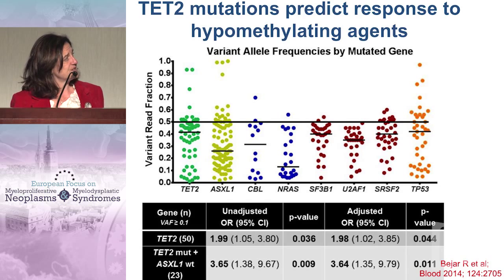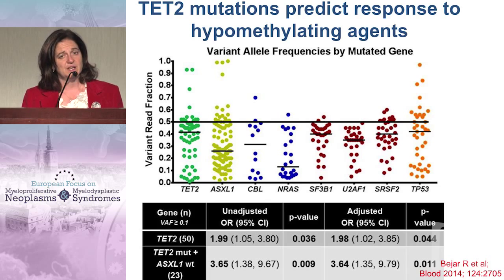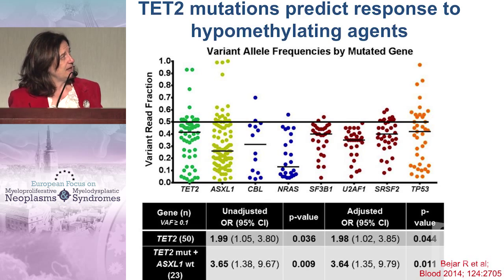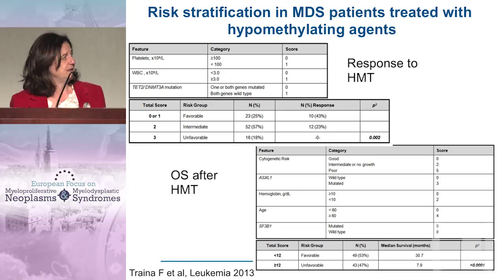Just recently, for TET2 mutation, if you have a variant allele frequency of more than 10% in your patients, you will have a higher probability to respond to azacitidine. But if together with TET2 mutation you have ASXL1 wild type, your probability increases, whereas if TET2 is accompanied by ASXL1 mutation, you lower the probability to respond.